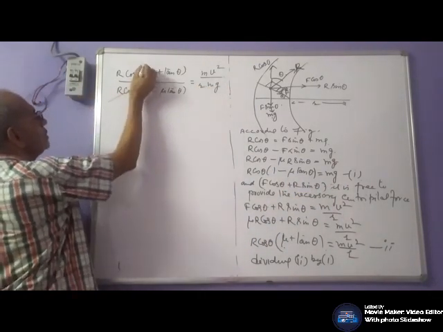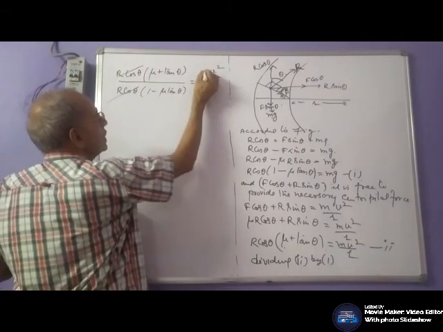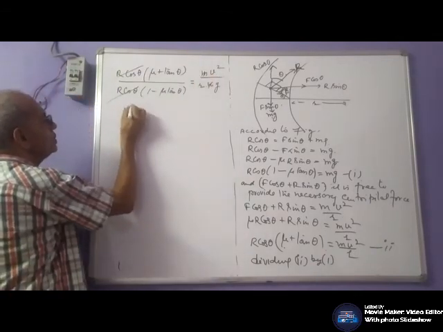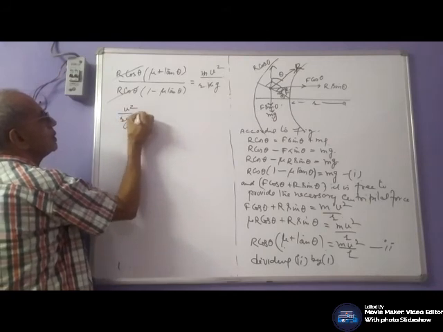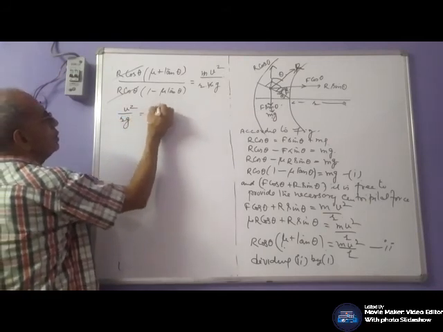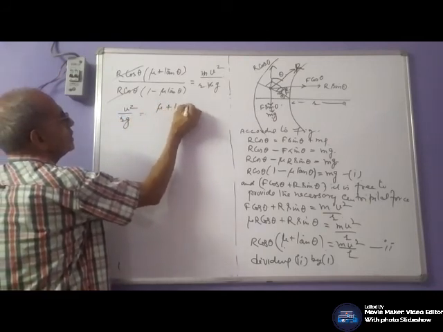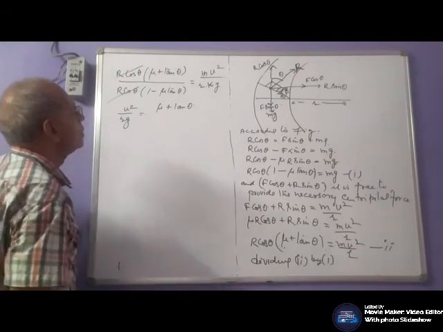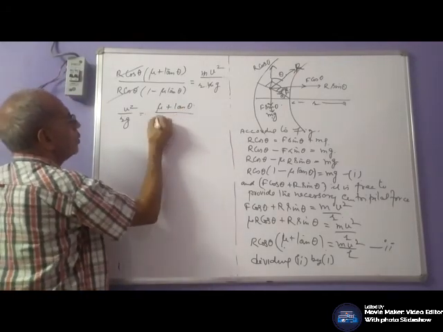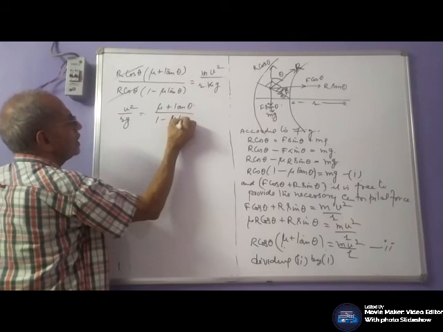So cos theta with cos theta, and m with m, v square by rg comes out to be mu plus tan theta by 1 minus mu tan theta.